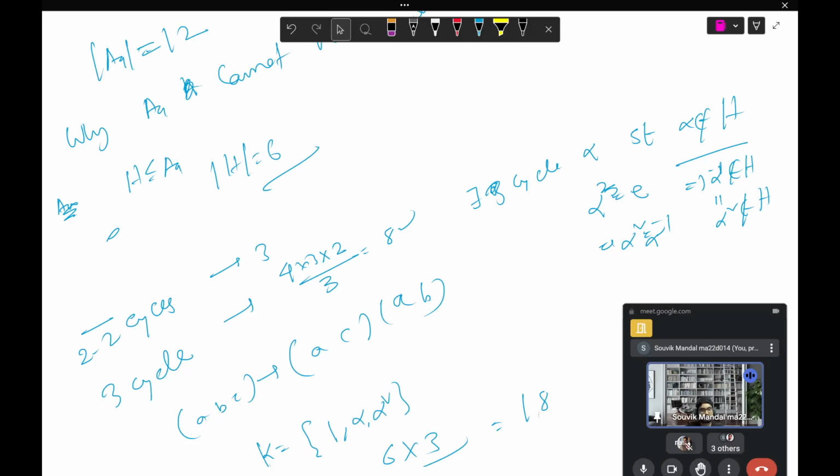This implies alpha inverse does not belong to H, and alpha squared equals alpha inverse, so alpha squared does not belong to H. Now consider the subgroup K equal to 1, alpha, alpha squared, and the order of HK is 6 times 3, so the order of HK is 18. So A4 has a subset of 18 elements. So that's the contradiction, right? Do you understand?